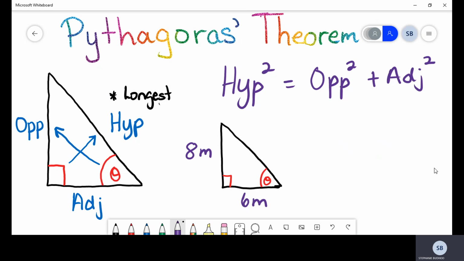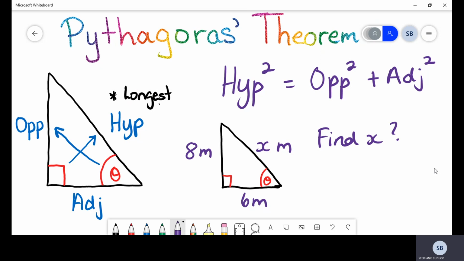What if they asked you to find the length of the third side? And the question goes like this. Find x. Well, what can you do? Well, this is where Pythagoras' theorem comes into play. Pythagoras' theorem is usually used to find the missing length of one side of a right-angled triangle.